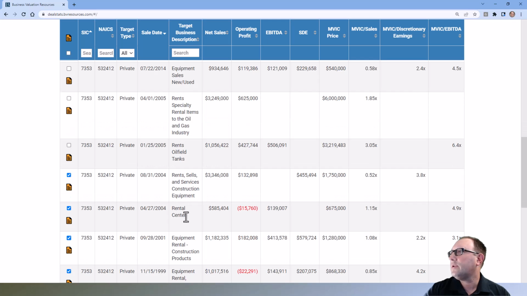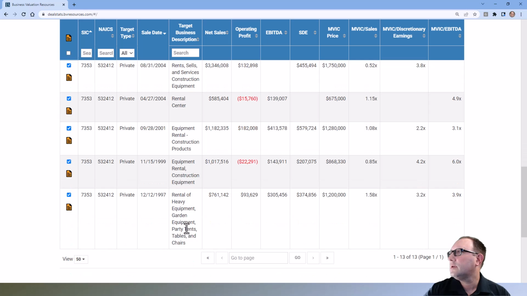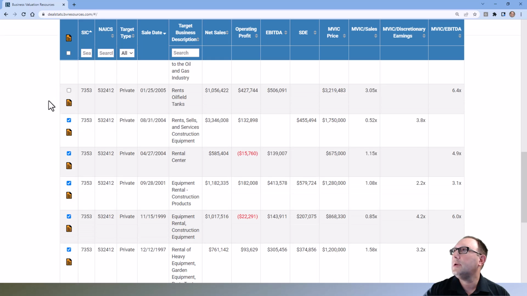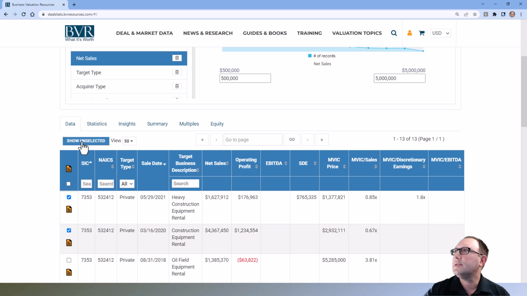Construction equipment, yep. Rental center, sure. Construction equipment. Yeah, sure, why not? All right, I'm going to come up here, scroll up a little bit higher, and there's this hide unselected. So now I have 9 comps. I'm okay with that. That's on the low end of what I'd like to have, but that's what I have.